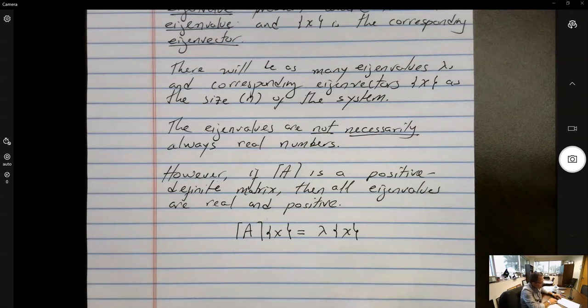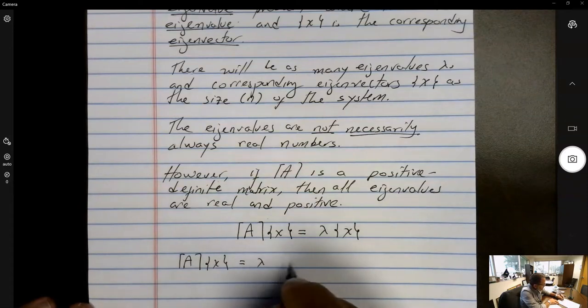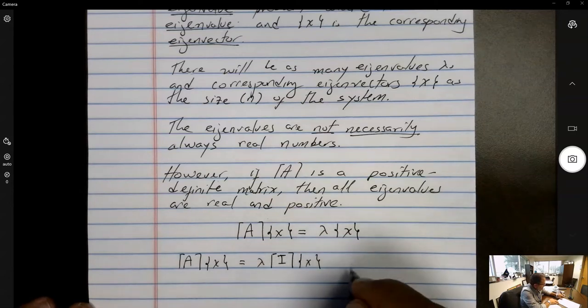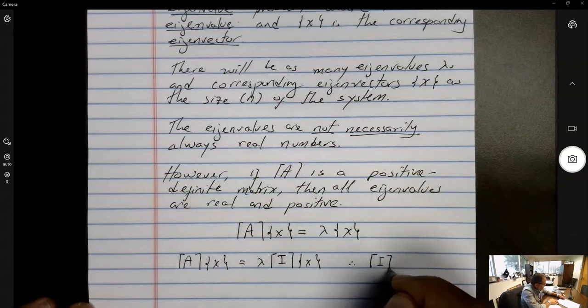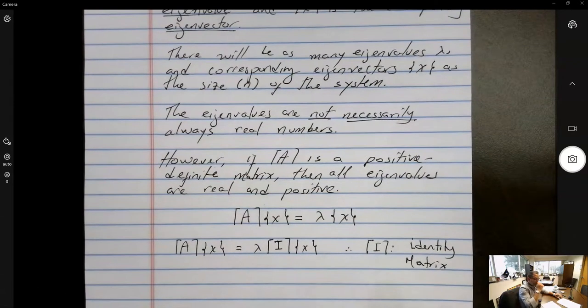So now let's insert the identity matrix. So this right here, A times x, should be equal to lambda I times x, such that I is the identity matrix. And remember, the identity matrix is a matrix that has ones on the diagonal and 0 everywhere else. It is essentially the equivalent of 1, of unity, in matrices. So a square matrix with ones on the diagonal and zeros elsewhere is a matrix that you multiply by anything and you get that anything.